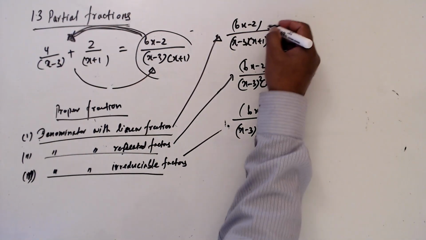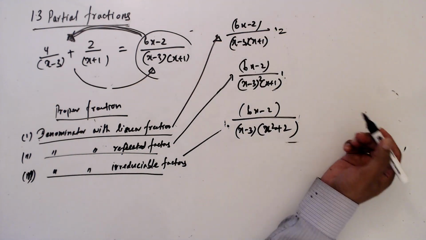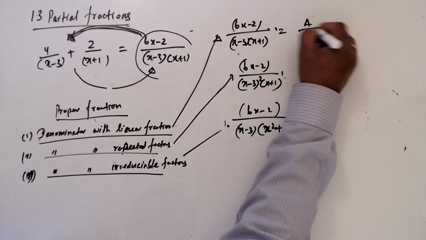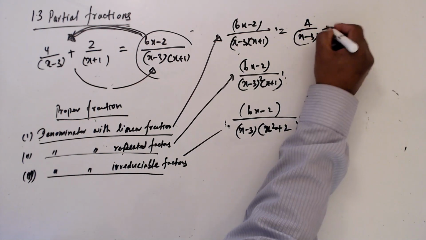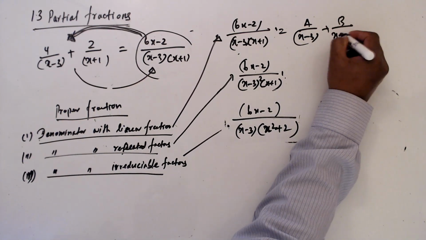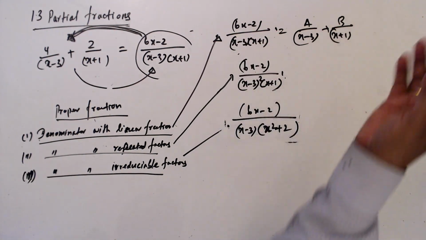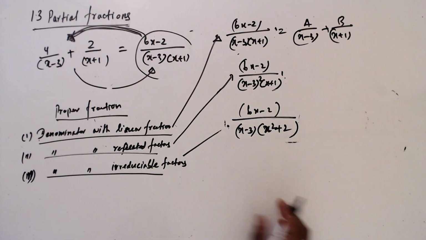Now if we have linear factors, you simply write A over x minus 3 plus B over x plus 1. If we have another one, C over x plus whatever it is.